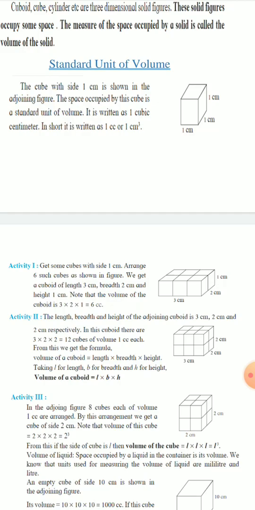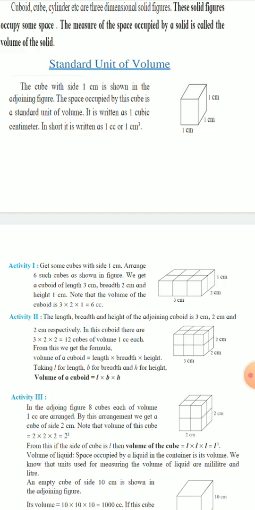And the volume of each cube is 1 centimeter cube. So finally length becomes 3 centimeter, width 2 centimeter, and height 2 centimeter. So the volume of the cuboid is 3 centimeter into 2 centimeter into 2 centimeter. 3 2s are 6, 6 2s are 12. So 12 centimeter cube or 12 cc is the volume of the adjacent figure.